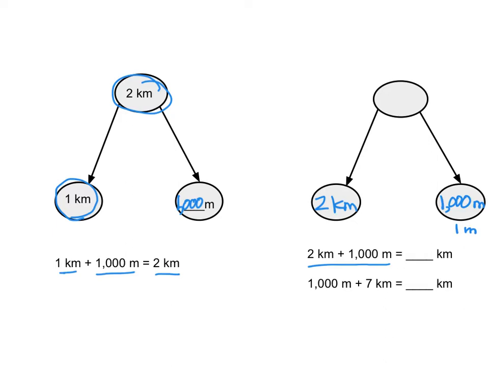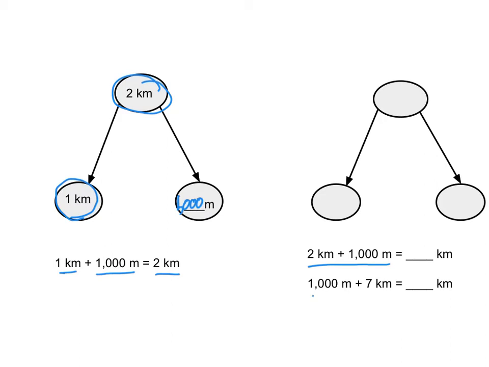So we can say 2 kilometers plus 1,000 meters equal 3 kilometers. That just kept jumping around on me there. Alrighty, let's see if I'm going to try erasing my, that works great. Okay, learned something new right there.